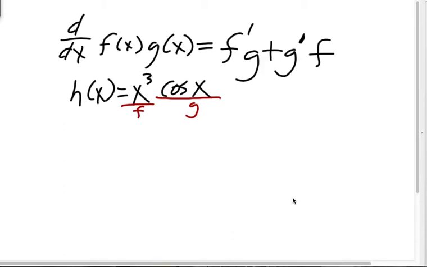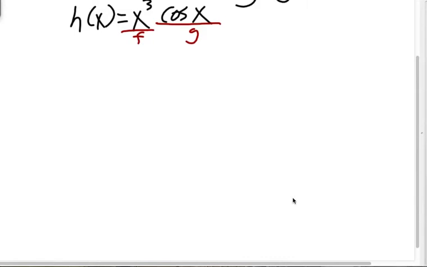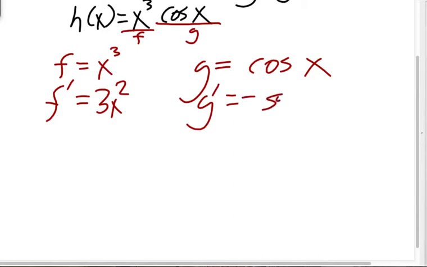You don't have to do this, but this helps me keep things straight. So I come up with f equals x cubed, and g equals cosine of x. Now I know I need the derivative, so I'm going to go ahead and get the derivative of these pieces. This is power rule. And g prime is going to be negative sine of x.